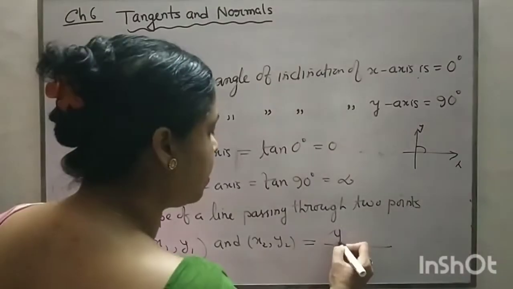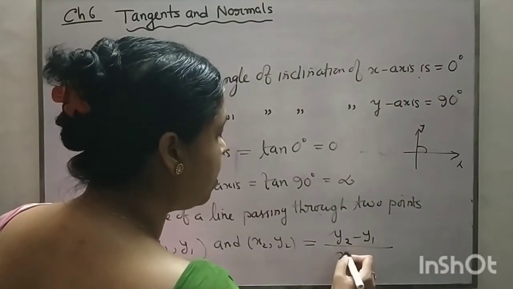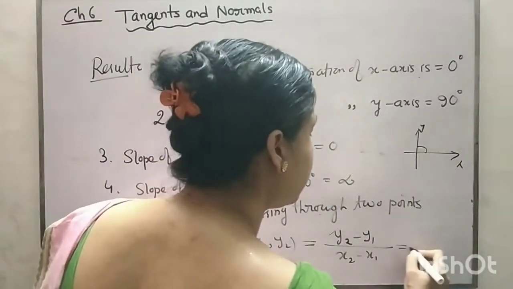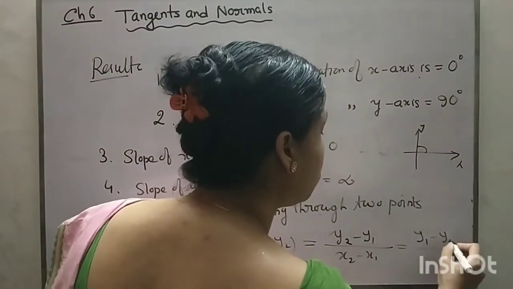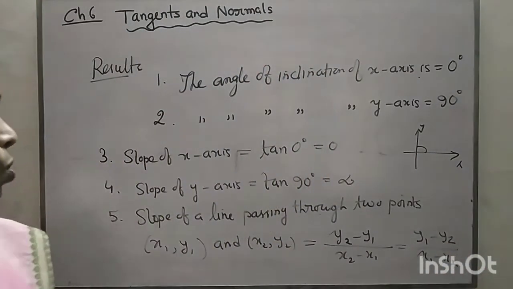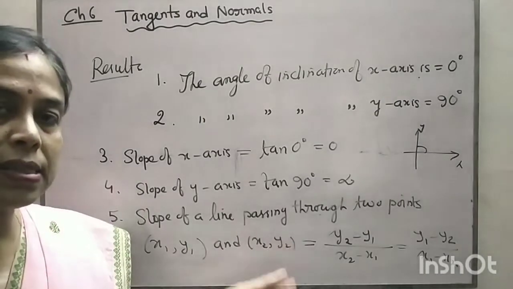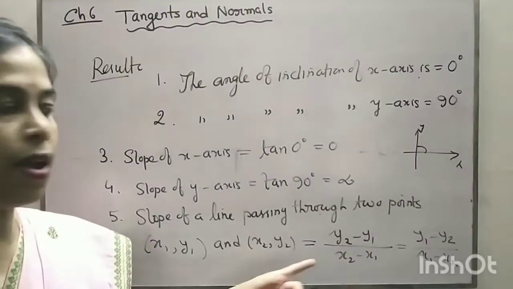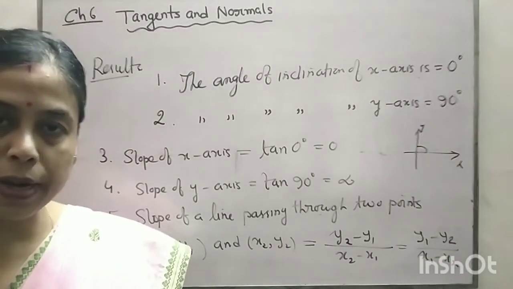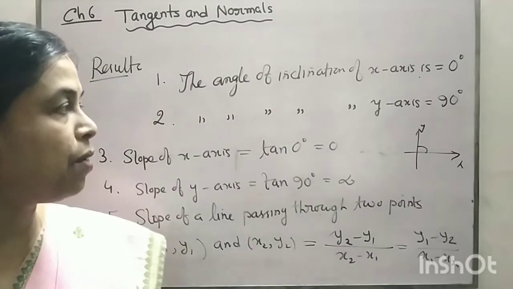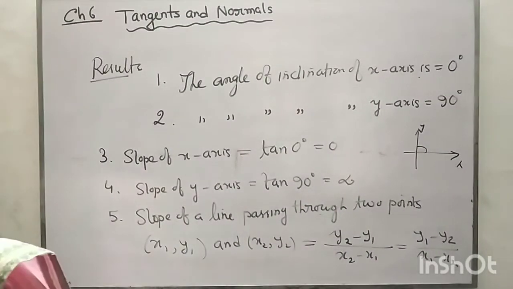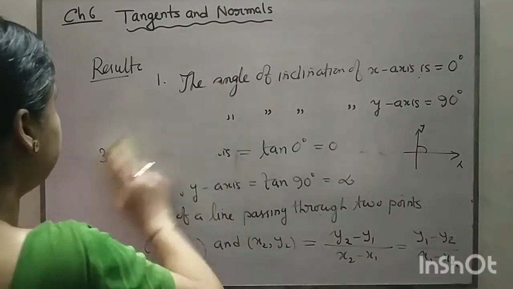If I subtract like this, y2 minus y1, then in the denominator you have to write x2 minus x1. Or if you write y1 minus y2, then below also we have to write x1 minus x2. So if the points are given, you have to use this formula to get the slope: the difference of y coordinates by the difference of x coordinates. You don't have to proceed to get the angles in that case. So this is all about slope of lines that you have to know.